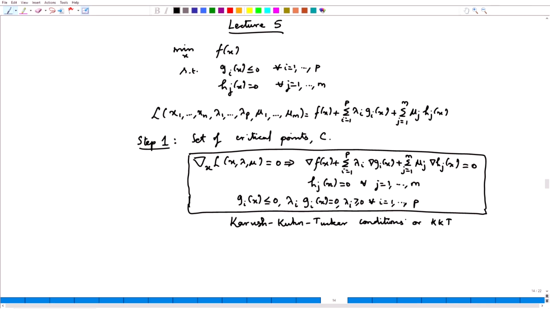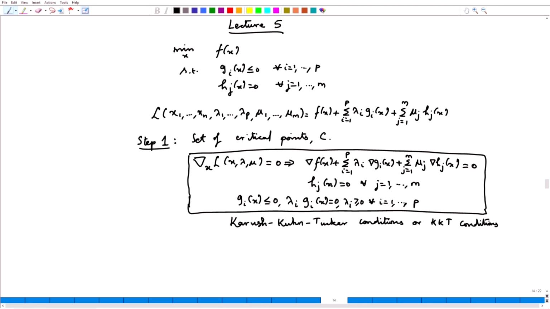KKT stands for Karush-Kuhn-Tucker. Okay. So, the set of points x, lambda and mu that satisfy the Karush-Kuhn-Tucker conditions will form the set of critical points. Okay. Of course, it does not stop there, okay, as you should have guessed by now.